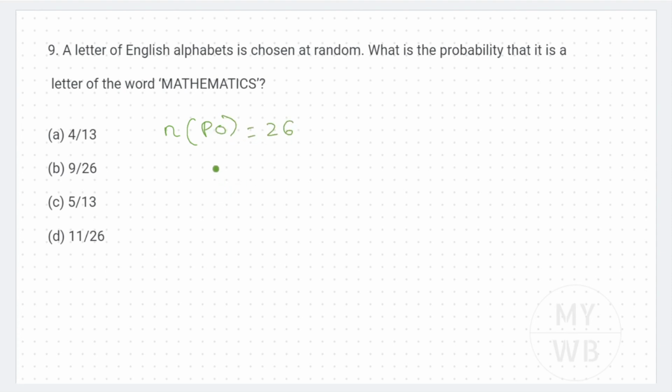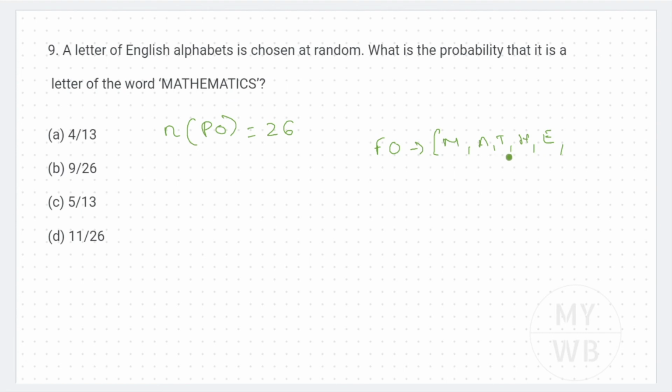Out of which favorable outcome is choosing a letter from the word mathematics. So the favorable outcomes are choosing either M or A or T, H, E. Mathematics has another M, but we have already chosen it here. A is already considered.